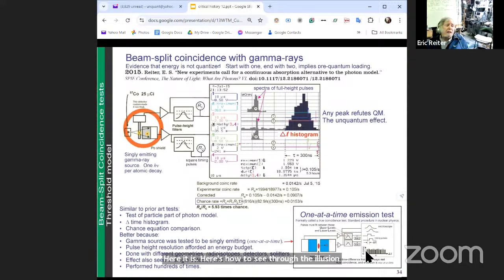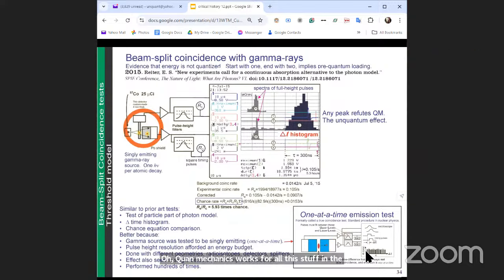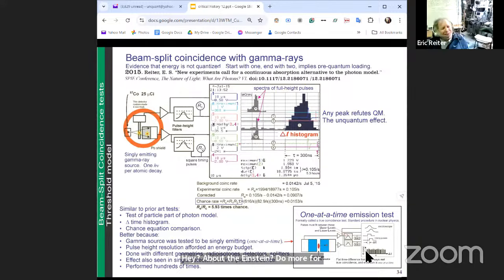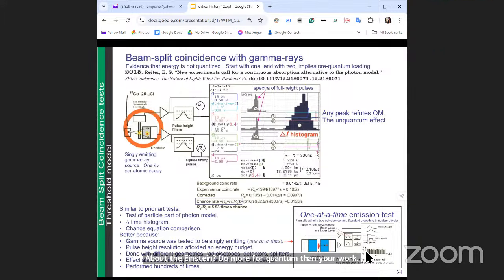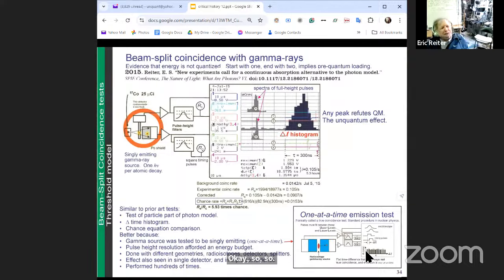So I don't need to hear, oh, quantum mechanics works for all this stuff in the computers. Please stop. Yeah, but Einstein did more for quantum than your work. I know he did. Yeah, he did it both ways. I know he did that. There are plenty of theories that will see both ways. Like I pointed out, starting with Planck.